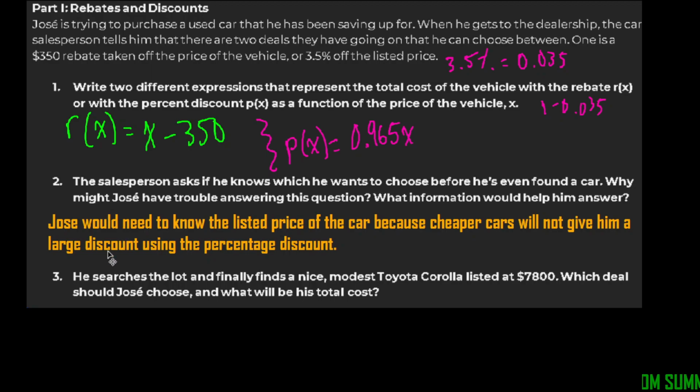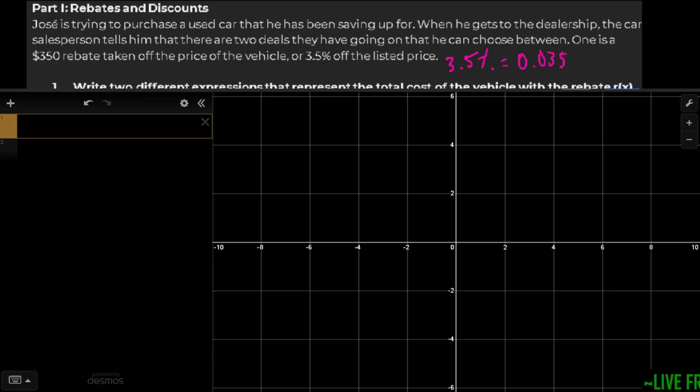Then it says for number 3, he searches the lot and finally finds a nice modest Toyota Corolla listed at $7,800. Which deal should Jose choose, and what will be his total cost? So we're saying, if he has these two equations, let's find out what. So pull up your Desmos calculator, and we're going to type in our two functions.